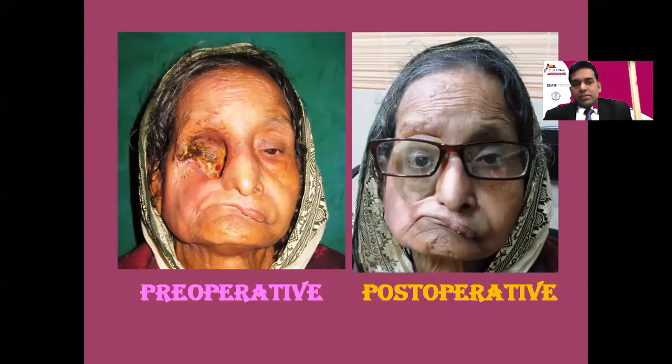And this was the photograph before facial prosthesis fabrication and after fabrication of facial prosthesis. And as we have discussed, you can use these frames, glass frames or spectacles, to camouflage the defect.